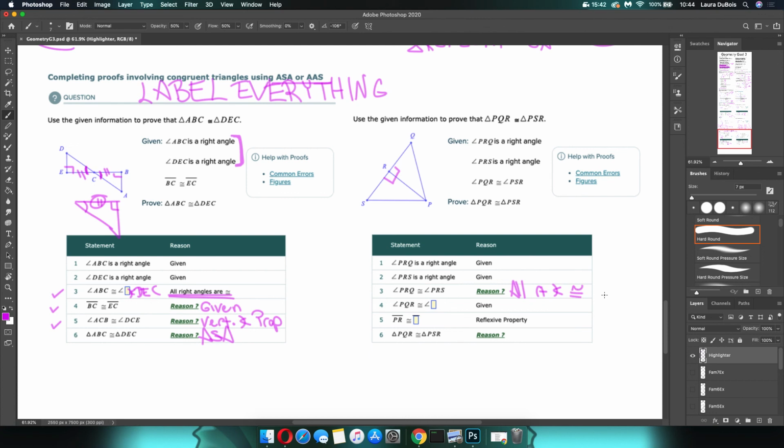So angle PQR is congruent to angle PSR because that was given to us. And then they tell us outright, reflexive property, so PR is congruent to PR. Then now we're ready. If we pull out this triangle, what do we have? We have an angle, but the side isn't between, it's all the way over there. So that is angle, angle, side.